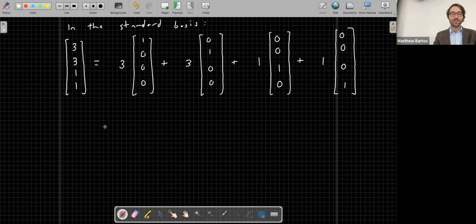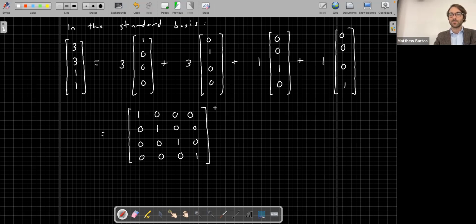So we can alternatively write this as follows. We write our basis stacked together on the left-hand side, which will be the identity matrix. All I've done here is take our basis, stack it into a matrix, and multiply by the coordinates in that basis. So we have 3, 3, 1, 1.